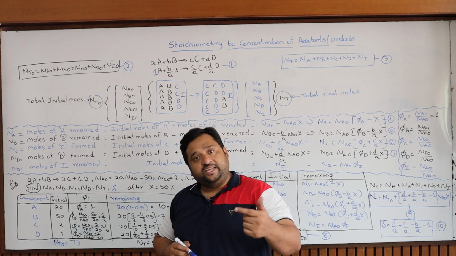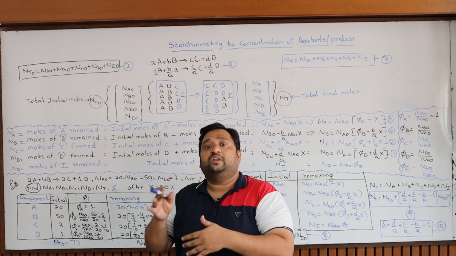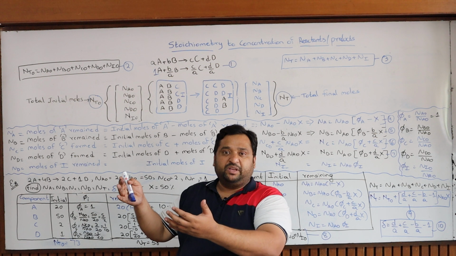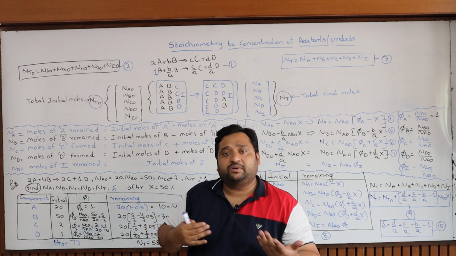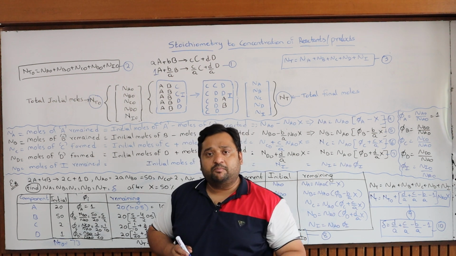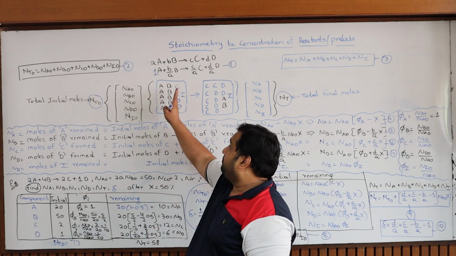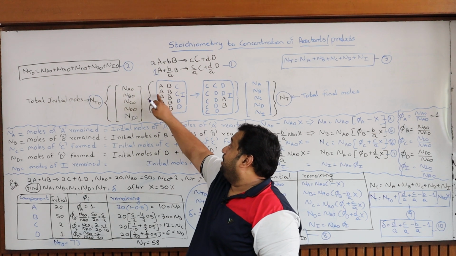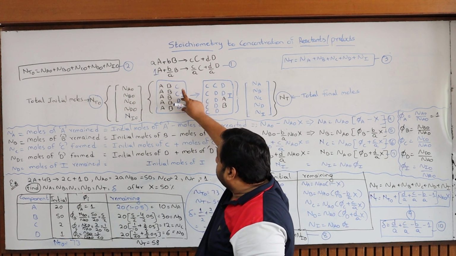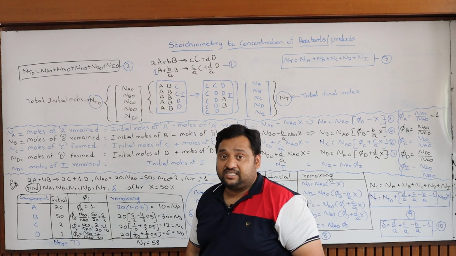C and D can be present before the reaction also, because not always a pure mixture comes to the reactor. Sometimes a few product molecules and inert molecules come along with the reactants. So before the start of the reaction, A is present, B is present, a small amount of C, a small amount of D and inert gas.